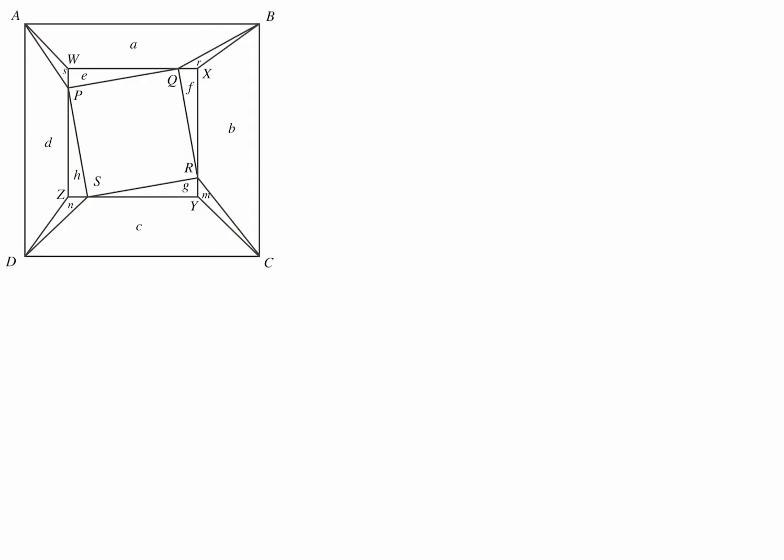Our task in this question is to prove that APSD plus BCRQ is equal to ABQP plus CDSR. All right. So here we go. We're going to have to do a lot of labeling here, and this diagram is labeled in such a way to help us out.